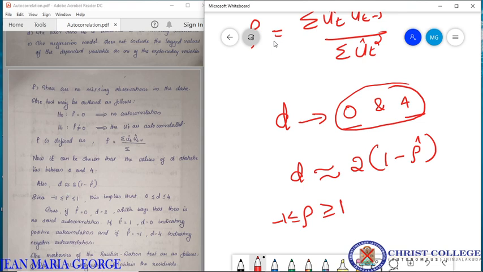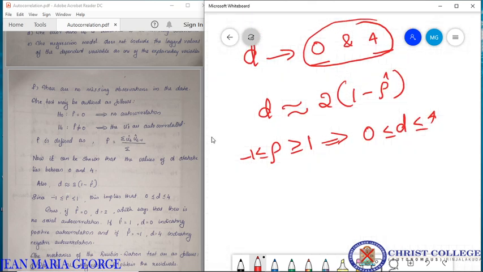Only if rho lies between minus 1 and plus 1 do we get D between 0 and 4. Since we know that our D statistic lies between 0 and 4, rho will lie between 1 and minus 1. So if rho is equal to minus 1, then D equals 4. If rho equals positive 1, D equals 0.